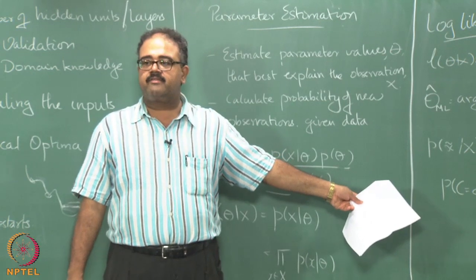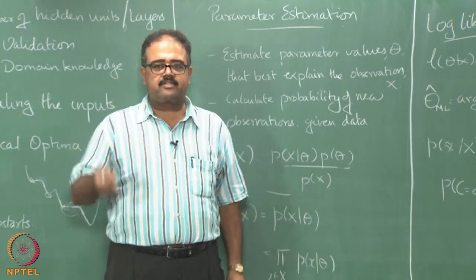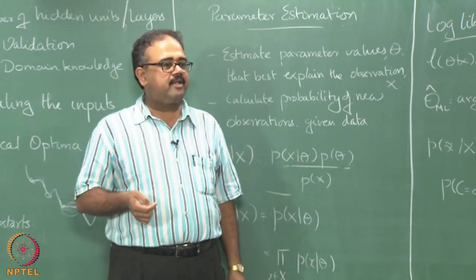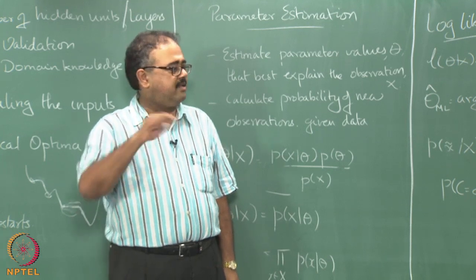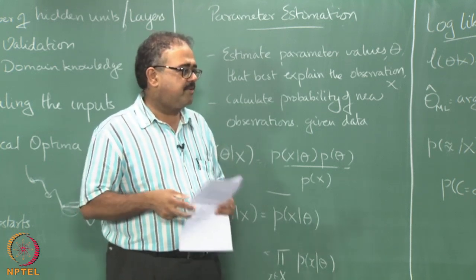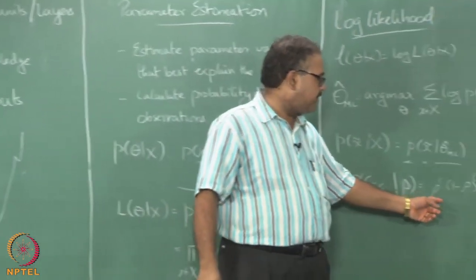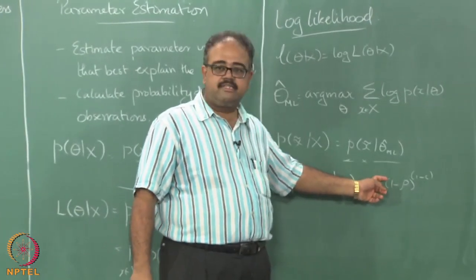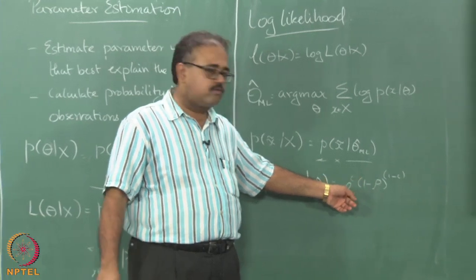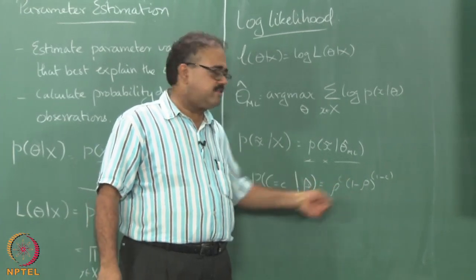That should also look familiar, we already saw that in the context of class label being 1 and class label being 0, and the probability of coming up class 1 versus probability of coming up class 0. It is like heads and tails now. The probability of coming up heads is rho to the power c: if it is 1 then it is rho, if it is 0 which is tails it is 1 minus rho.